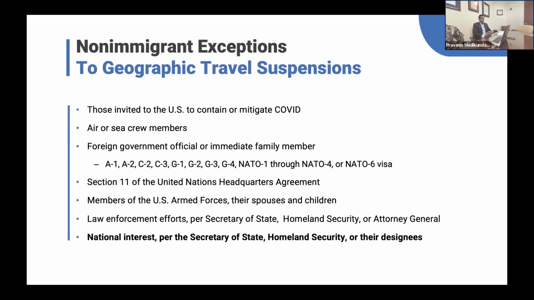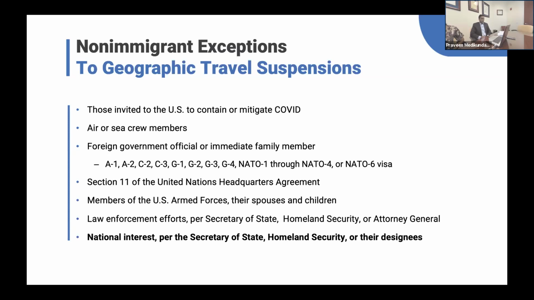Then there are some specific exceptions, that is for geographic travel suspensions, those invited to the US to contain or mitigate COVID. So if there is ongoing research, and a hospital or a research organization or the government is inviting someone to come to the US to participate or contribute on COVID and its mitigation, probably they are allowed, and there is specific documentation and exceptions allowed for them.